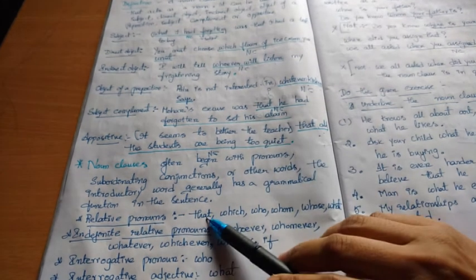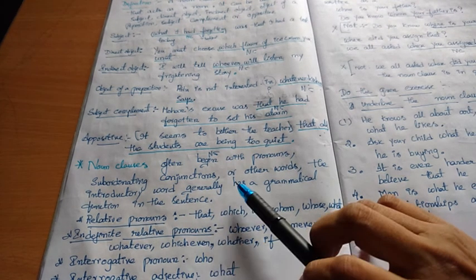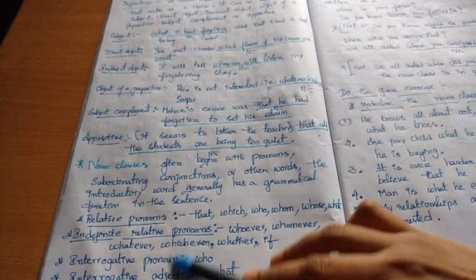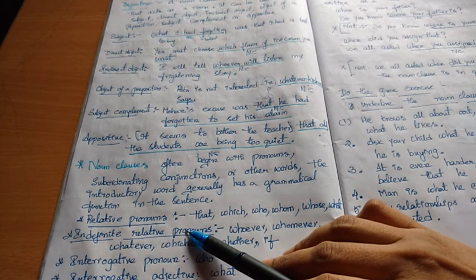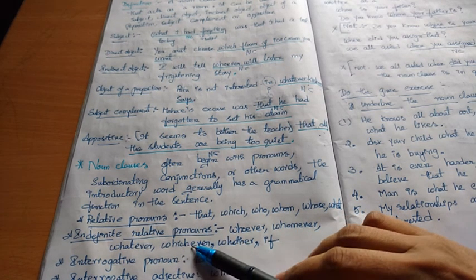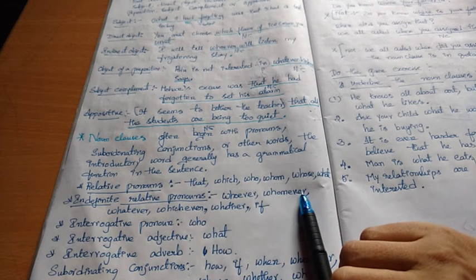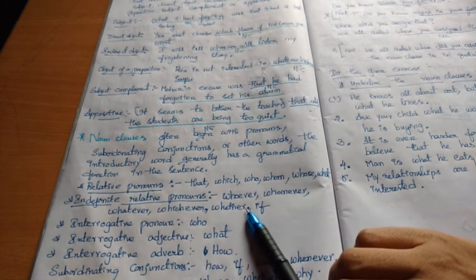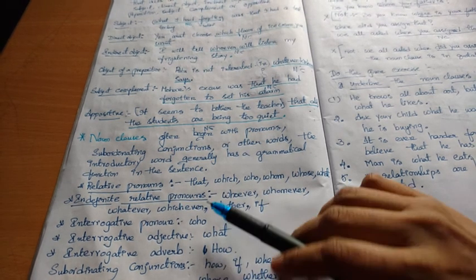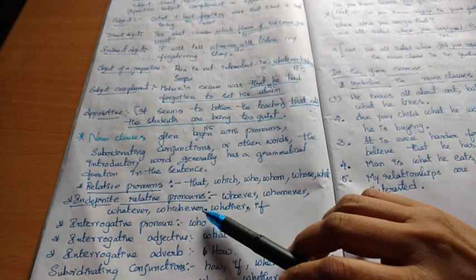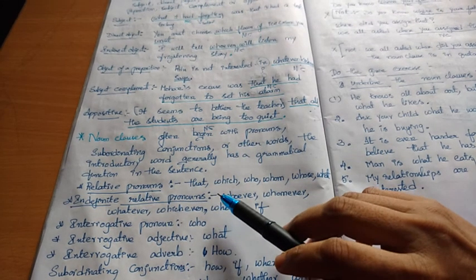Noun clauses generally start with the relative pronouns or the indefinite relative pronouns: whoever, whomever, whatever, whichever, whether, if. These are indefinite because there is no particular certainty here.